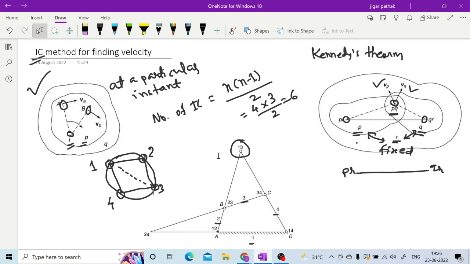This is how the material for making the links comes into the picture, and ultimately we will be able to decide the cross section and the material required to bear the stress obtained from this velocity and acceleration data, right? Right now we are discussing how you locate this instantaneous center.